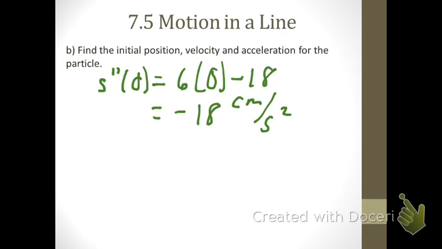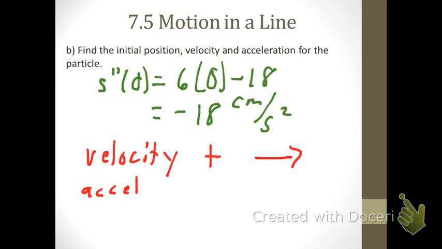Okay, now I want to discuss something pretty important here. I mentioned on the last calculation that since the velocity was positive, the particle was moving to the right. What we're going to need to work through later on in this problem, and we'll go and talk about it now, is how do the signs of the velocity and the acceleration work with one another, because the acceleration here was negative.